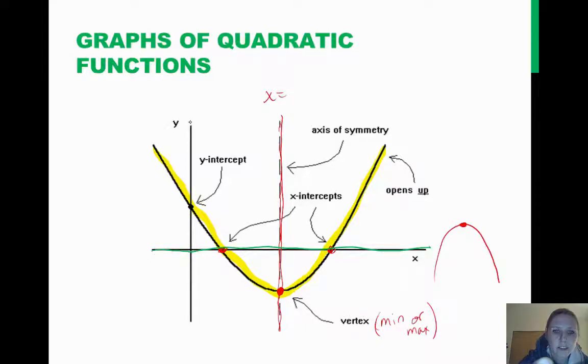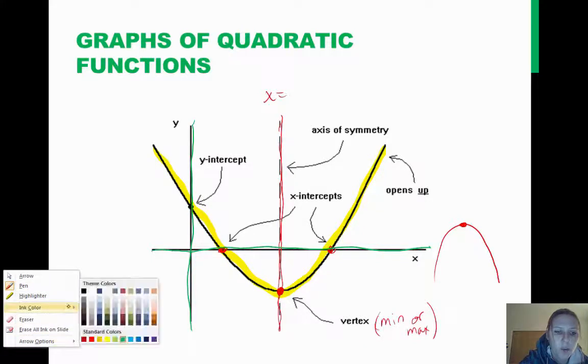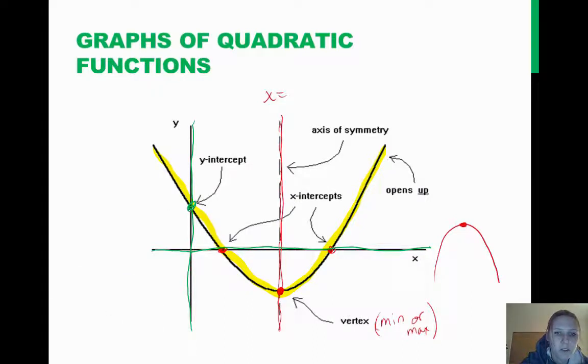Our y-axis is the one that's going up and down here, and we have one intercept for the y-axis, and that is right here. So we have two x-intercepts, one y-intercept, an axis of symmetry, and a vertex.